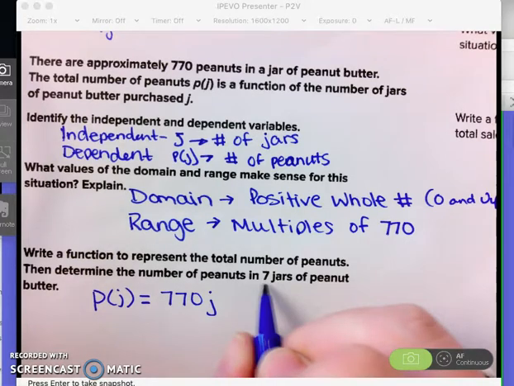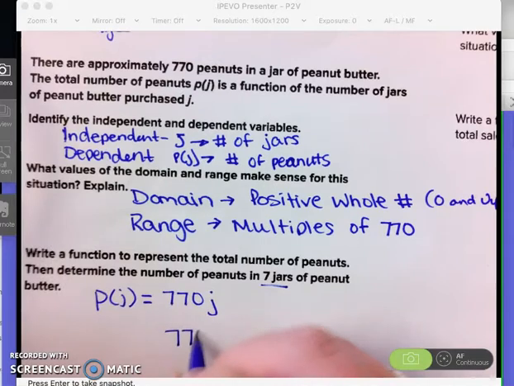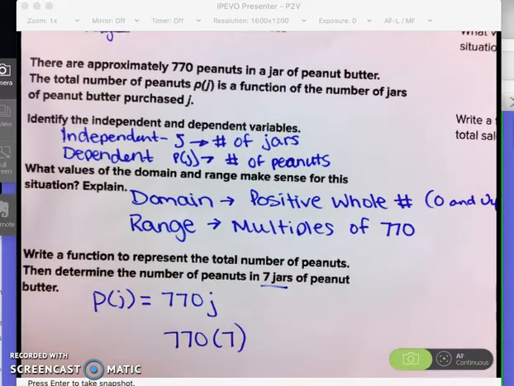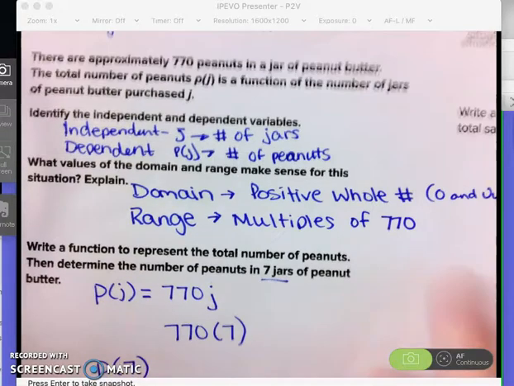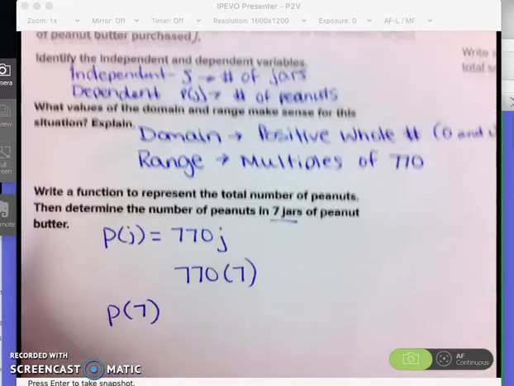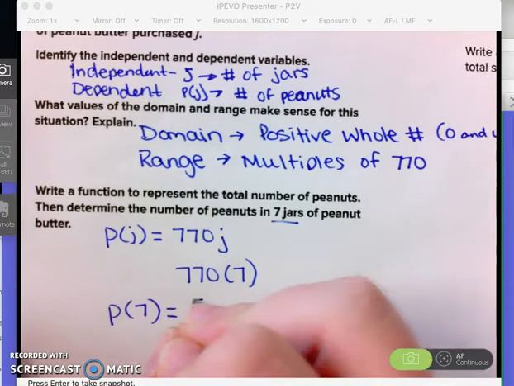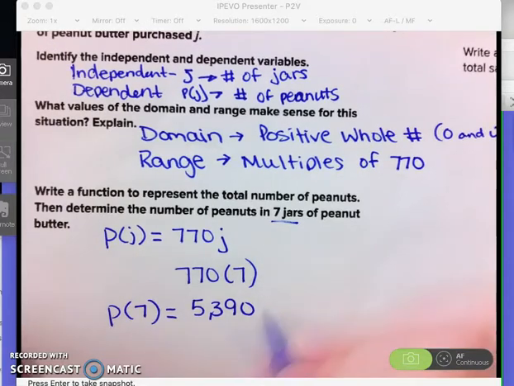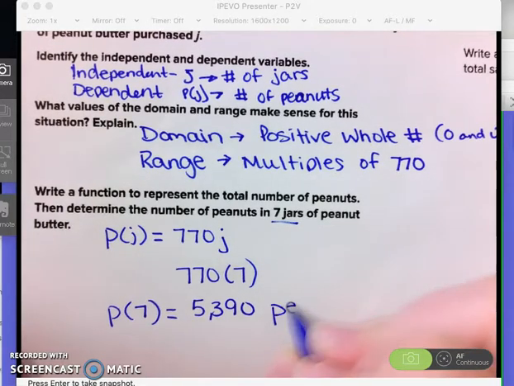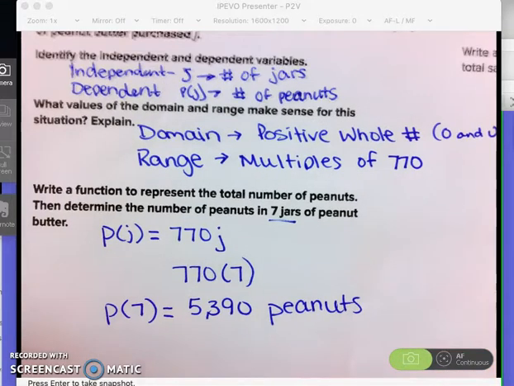So if I put 7 into my equation for the number of jars, I would do 770 times 7, so P of 7, meaning 7 jars, is going to be equal to 5,390. I would just multiply these two numbers. Don't forget to label. You have 5,390 peanuts.